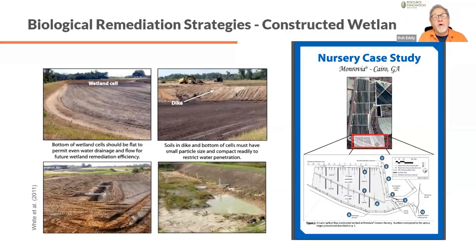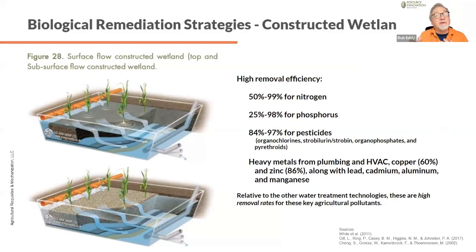Let's keep talking about it though, other than size. Bryce, can you move the slide? There can be surface flow constructed wetlands or subsurface flow. Obviously, with surface flow the water remains on top, kind of like looking at a wetland. You see the water on top, and in subsurface you don't.